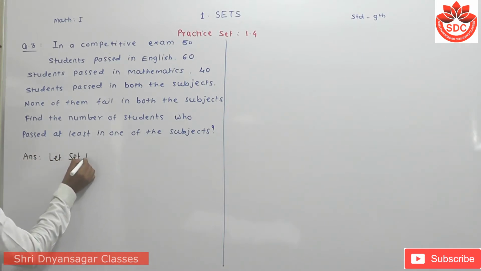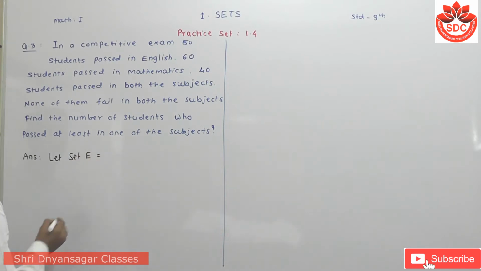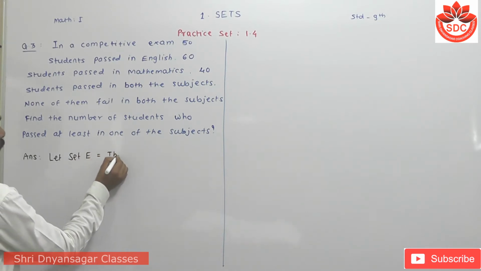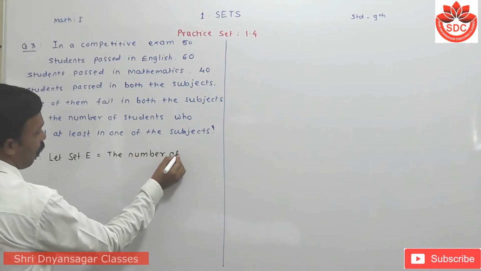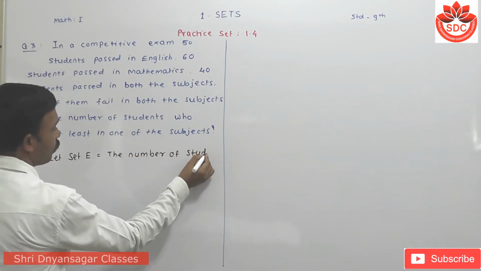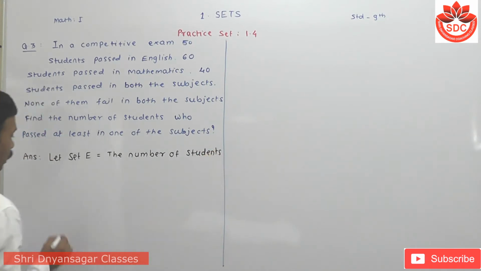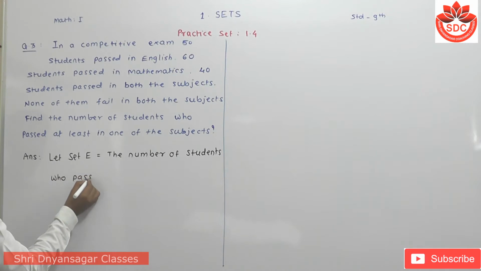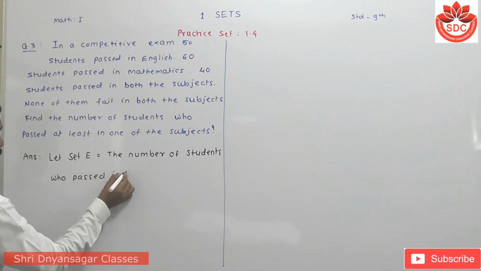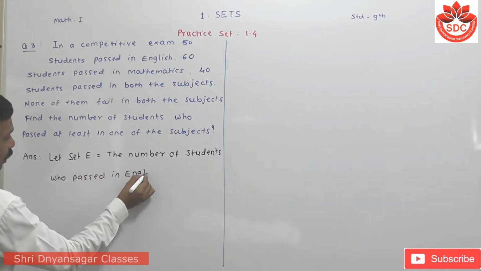Set E is equal to the number of students who pass in English.